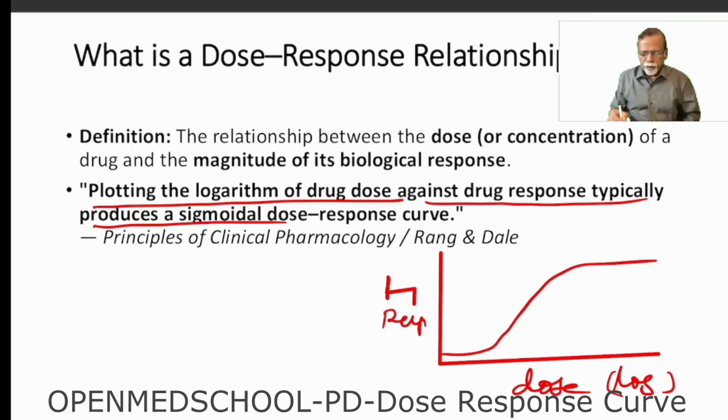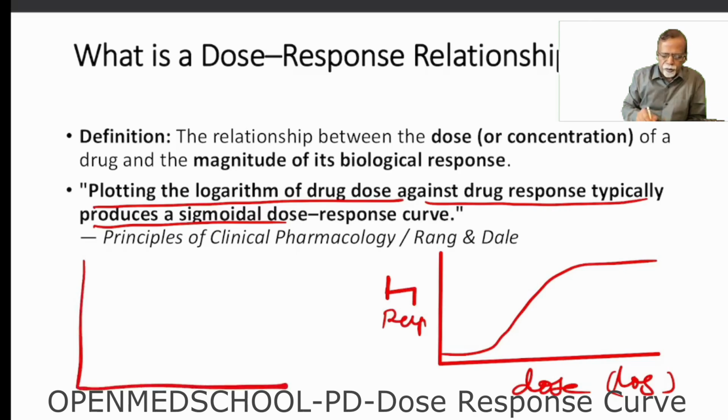Suppose we are plotting the actual dose instead of the log. Let us see what will happen. Again this is the x-axis. One tablet or a dose is given, and it produces a response. When you double the dose, the response increases.